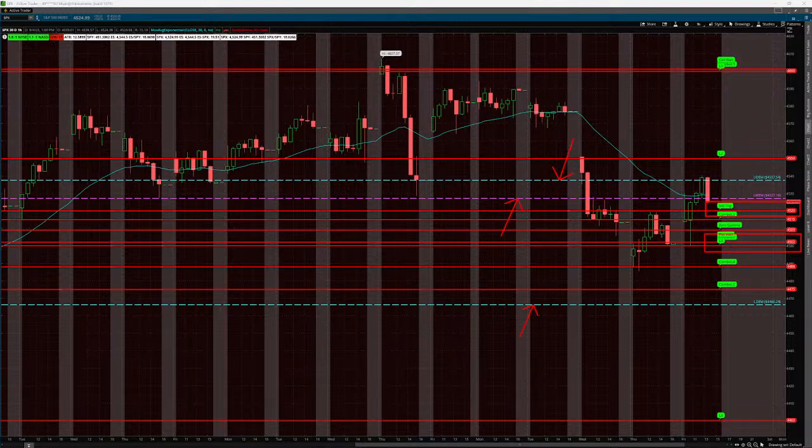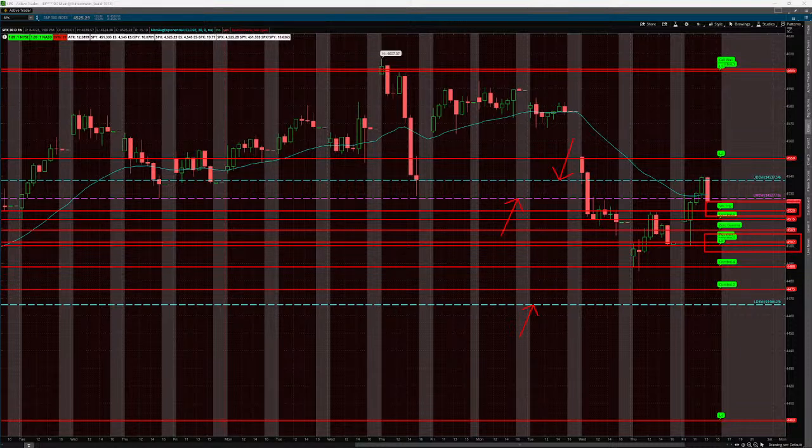Next up is the absolute gamma strike, and that is actually down at 4,500. So that is at the same level as the put wall. The put wall and absolute gamma strike are both at 4,500. That's the strike with the largest absolute gamma. So 4,500 is a very key level for the SPX.